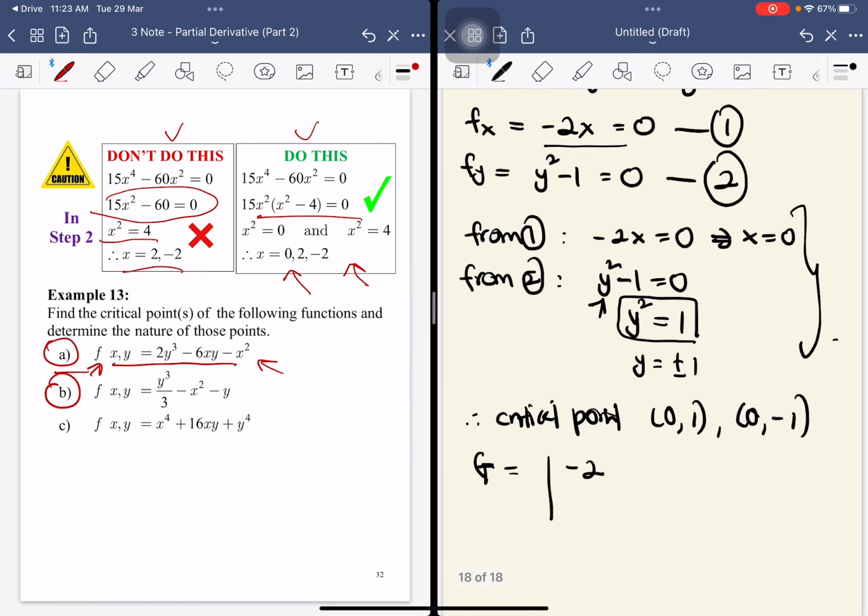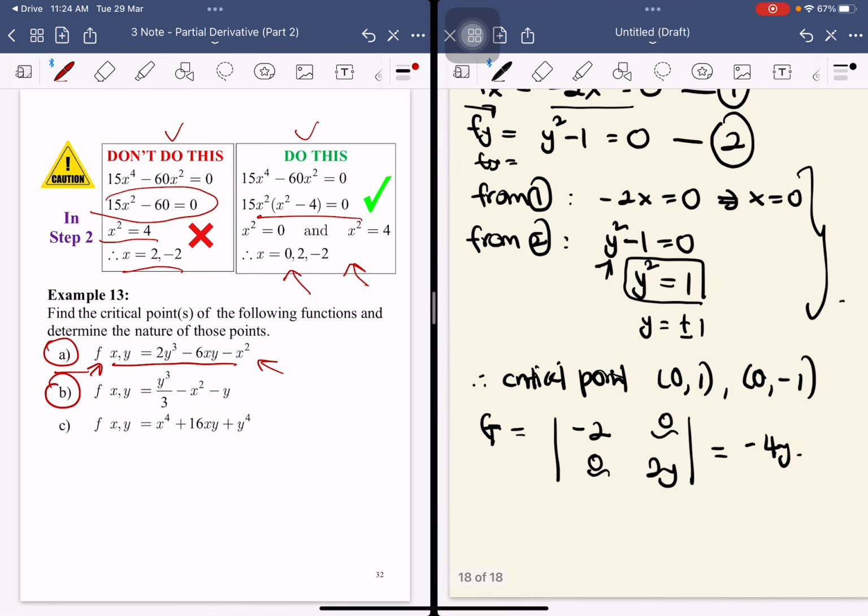The next terms are fxy and fyx. If you differentiate with respect to y, you're going to get 0, so 0 for this part and 0 for this part as well. The last one is fyy, and you're going to get 2y. So the formula for the values of g would be negative 4y.